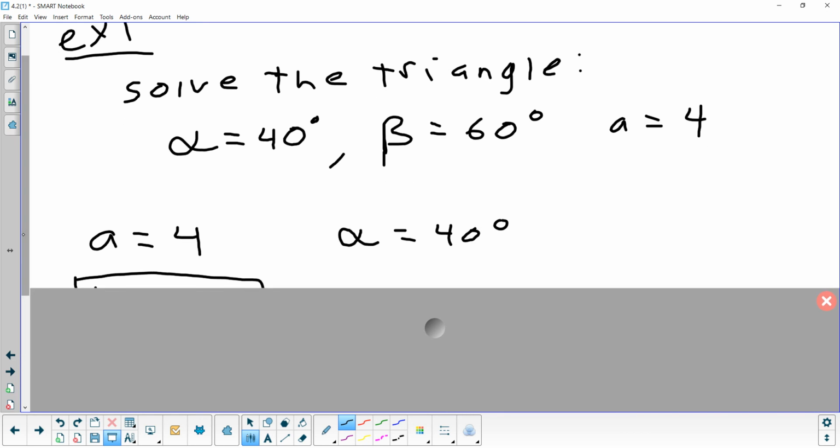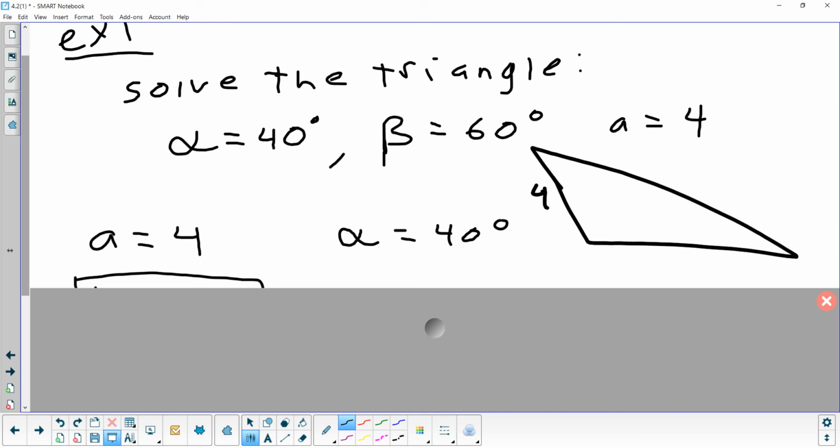So off to the side, draw a triangle, which is again not to scale. And I'm going to put A across from alpha. That's how I chose to do it. I'm going to put B across from beta.